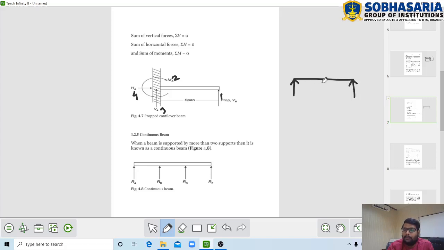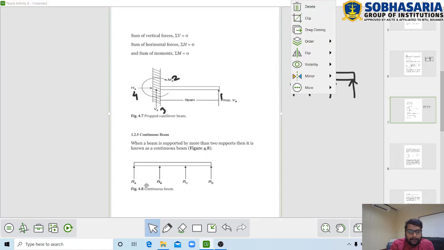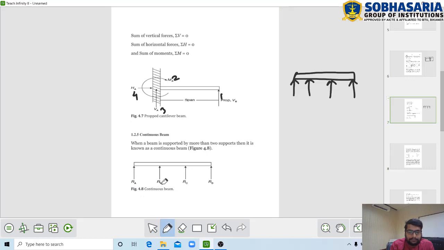And when the number of supports increases to more than 2, it can be 3 or 4, then the supports are continuous. So, this beam we say is a continuous beam. Like here you can see RA, RB, RC, RD, these are the supports. There are more than 2 supports. So, this beam is a continuous beam.